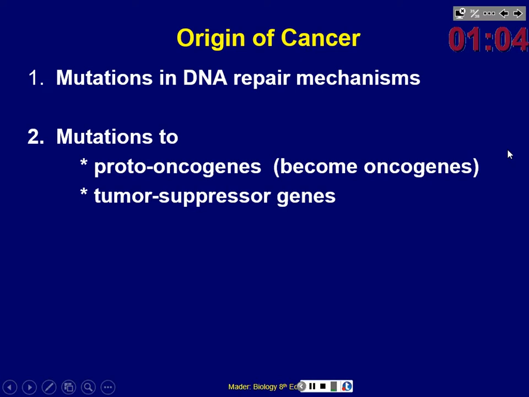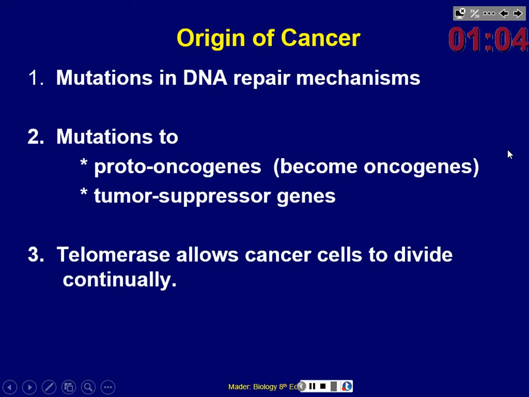The end of the chromosome, during every cell division, falls off. Tele means end. The end is called a telomere, and there's an enzyme called telomerase that's supposed to build it back and make it right again. Well, if telomerase is not functioning correctly, it allows that cell to continue to divide. Okay?